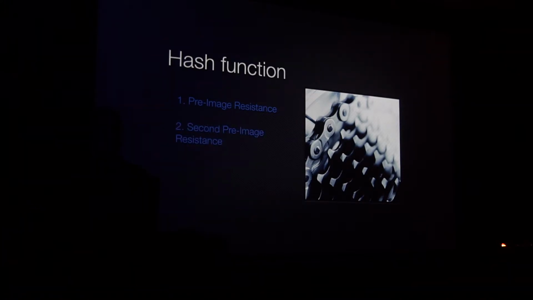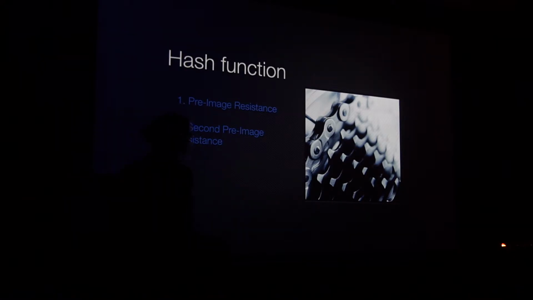The second property is second pre-image resistance. If we have a hash function and we provide x, it should be difficult to find another input y that gives the same value.